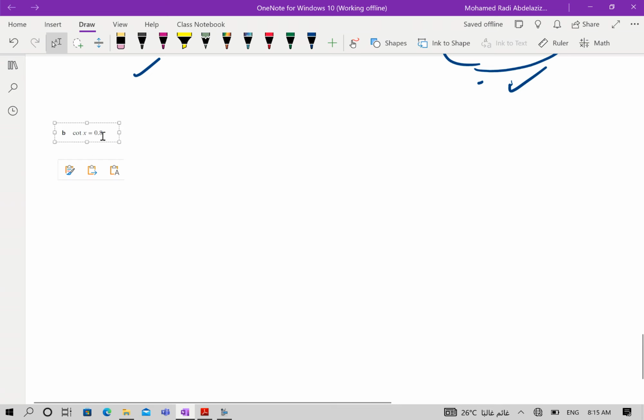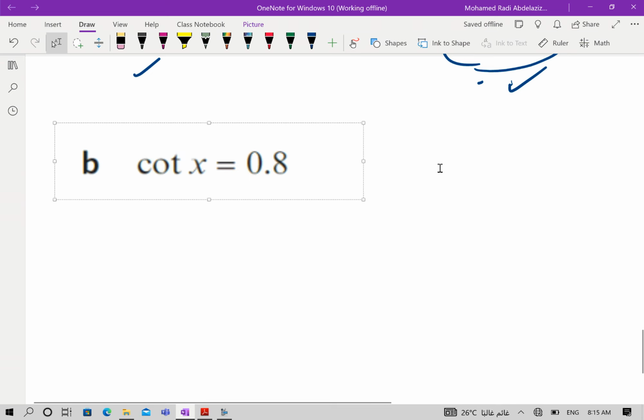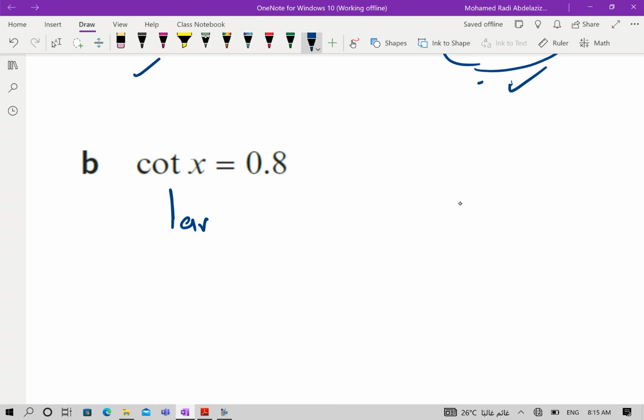How to solve this equation? So tan x equals 1 over 0.8.